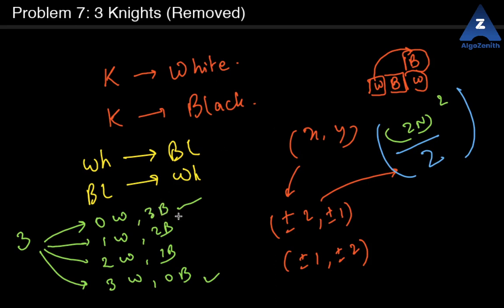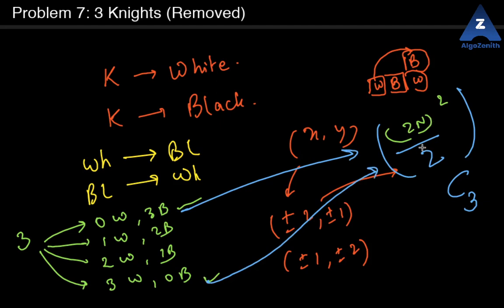So all of the 3 are in black, so that's not a problem. So if you just do a choose 3 of all these squares, you will get the number of ways over here, right? The answer for the other would be the same, and it is 2n square by 2 choose 3, right? So this you can find pretty easily.